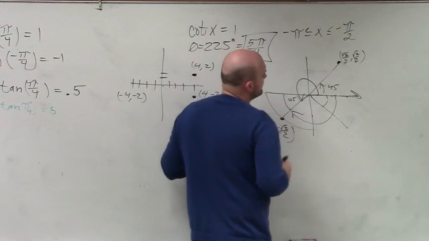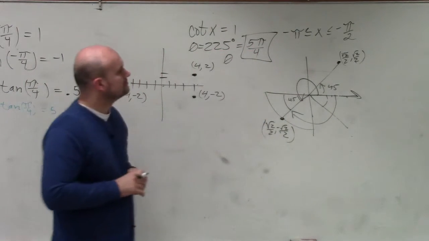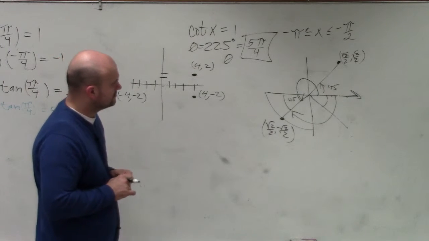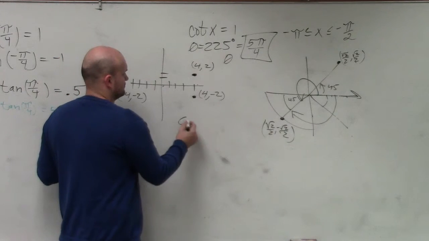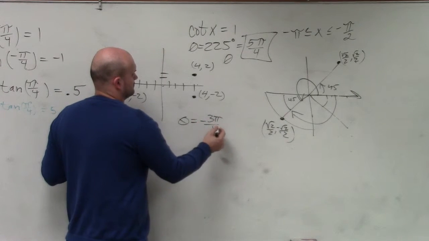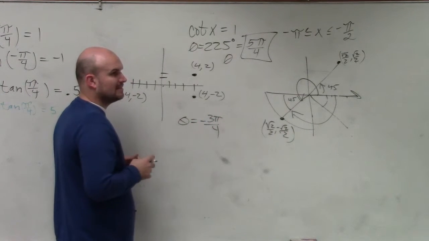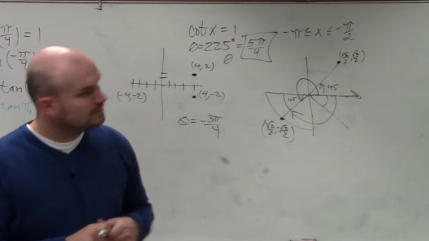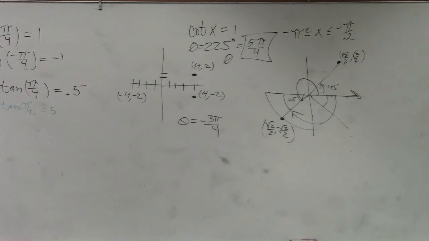It's supposed to be negative 3 pi, so it will be in the second part. That would be the same angle as well. Yes, that would give you that. Okay?